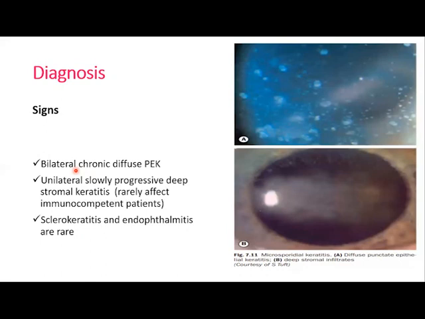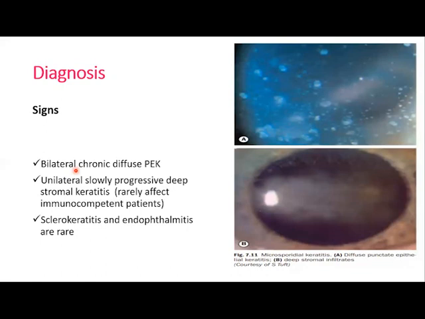See, you should not give antibiotic if you're sure that it is a fungal ulcer, you should never add antibiotic. What will the antibiotic do? It will wash away your antifungal, and it will dilute the dose also.